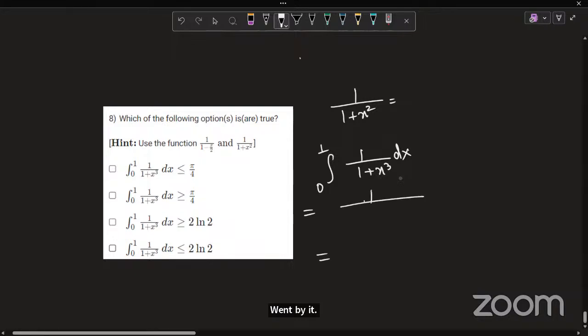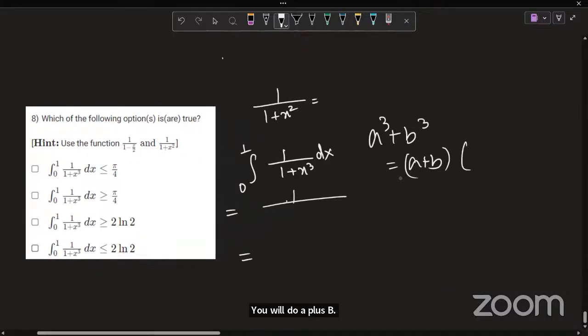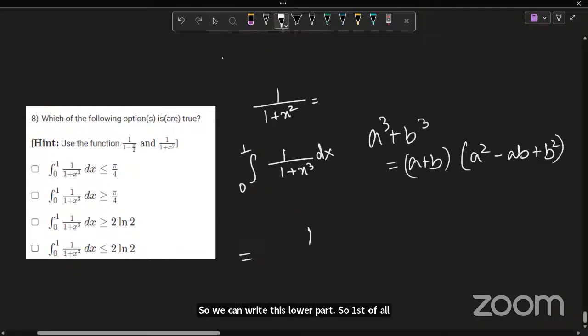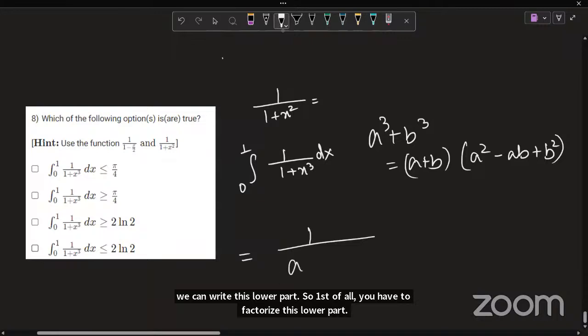You can see that if you have remembered, a cubed plus b cubed is equal to (a plus b) into (a squared minus ab plus b squared). So first of all, you have to factorize this lower part. It will be 1 by what? a plus b.